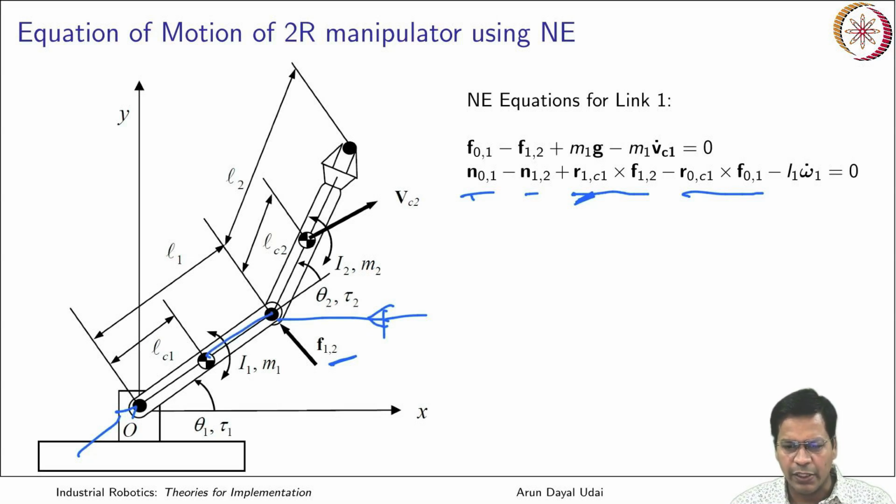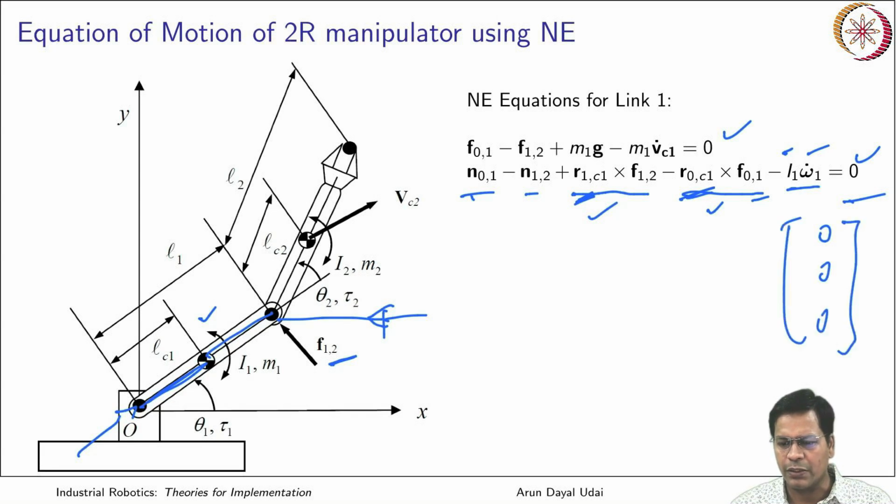These are just cross products giving you clockwise and counterclockwise moments, and this term is because of angular acceleration. Finally, the moment balance equation gives you 0, and because it is a vector equation, this should be the zero vector, that is 0 0 0. Okay, so this is for link 1.